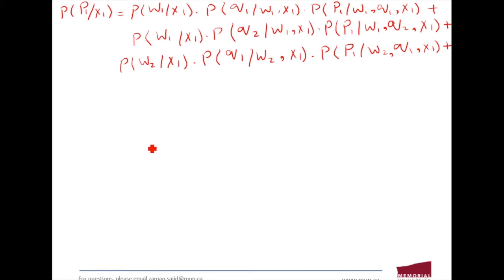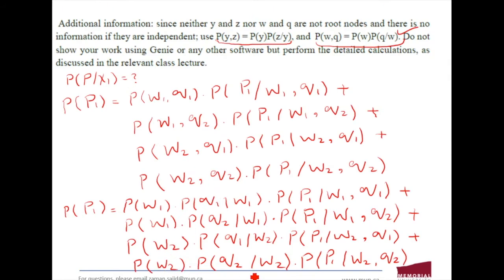the last term here, if you allow me to go back, is with respect to W2 and Q2.